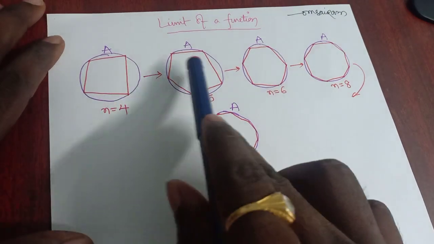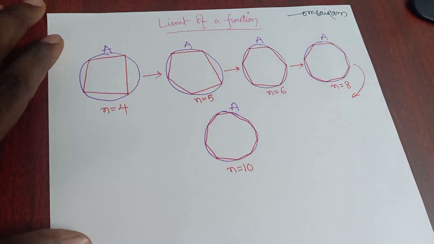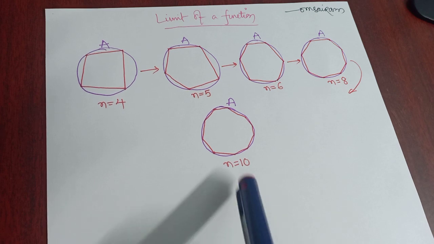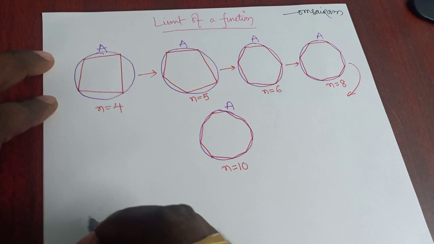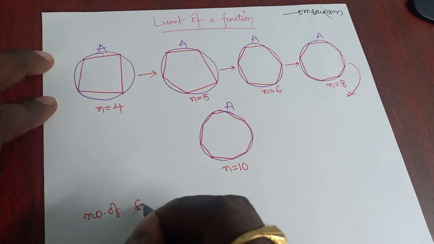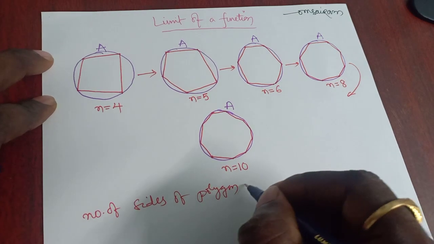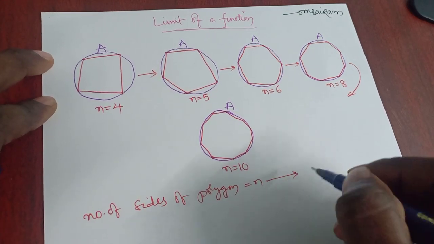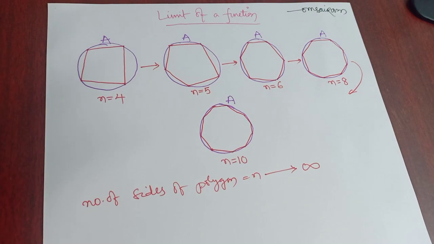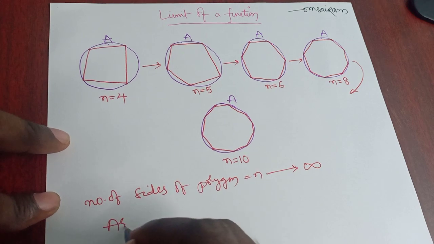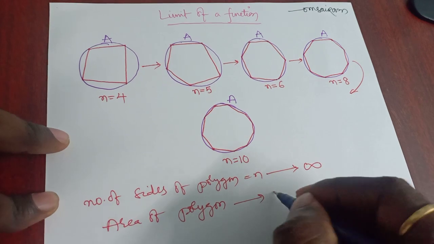Suppose the number of sides of the polygon, say equal to n, increases to infinity, that means n approaches infinity. See what happens: the area of the polygon approaches the area of the circle.